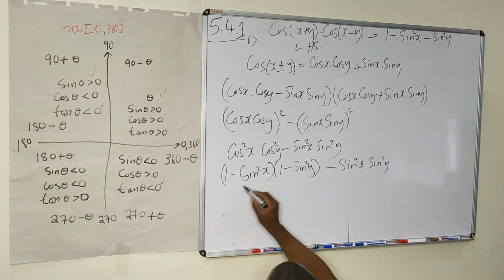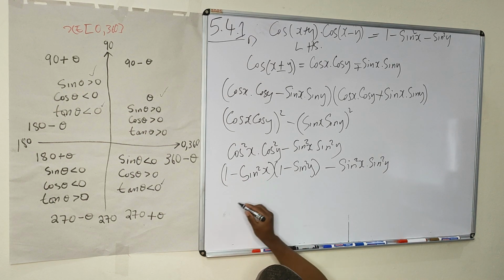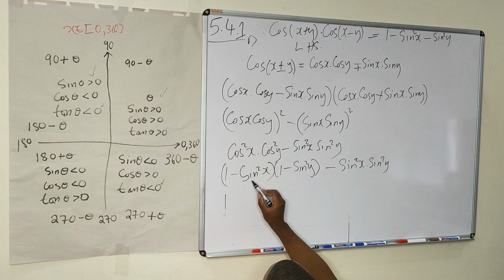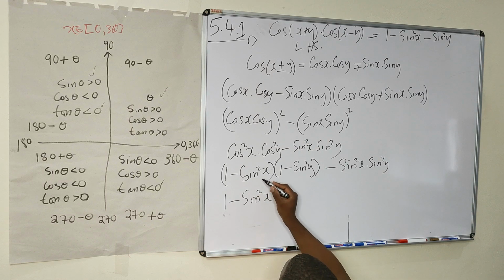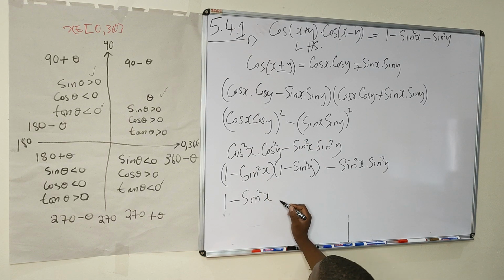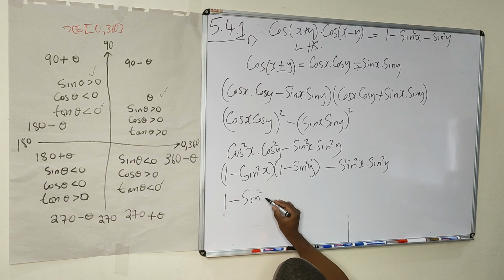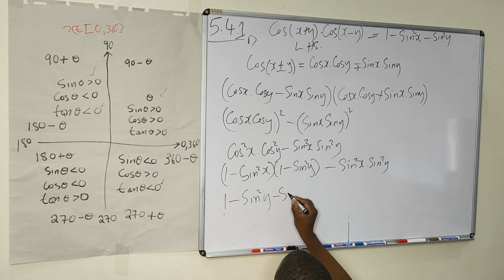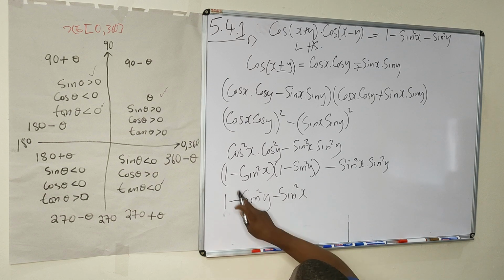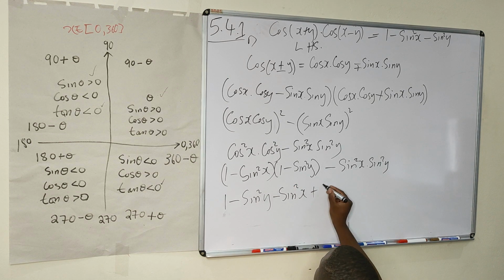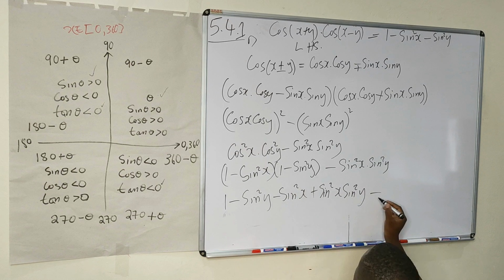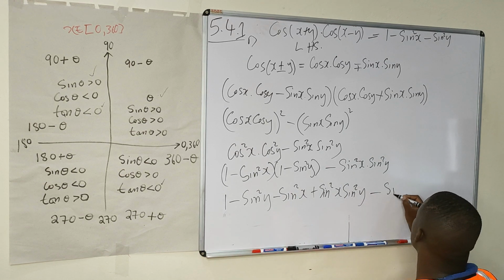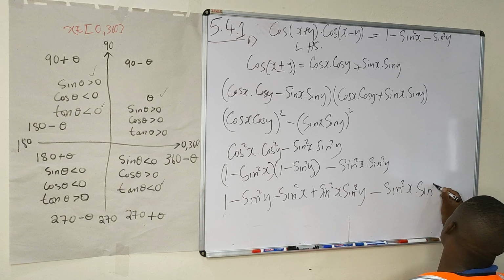You multiply this bracket out: this by that is 1, this by that is minus sine squared x, this by that minus sine squared y, this by that minus sine squared x, this by that plus sine squared x times sine squared y, minus this part, sine squared x times sine squared y.